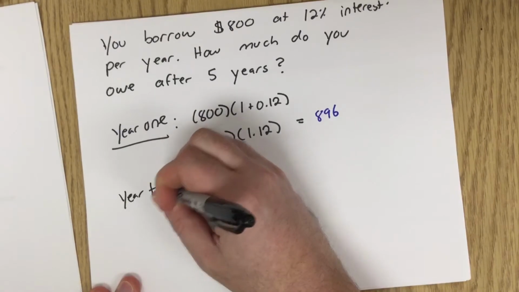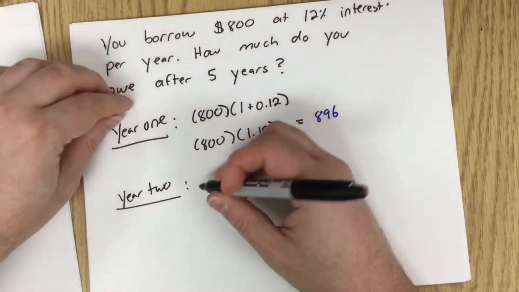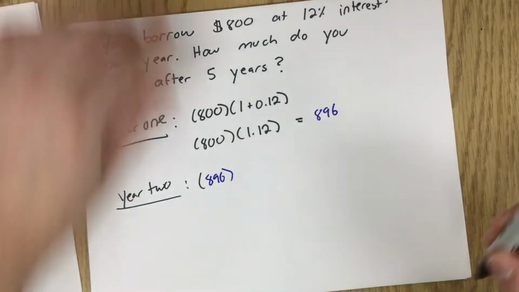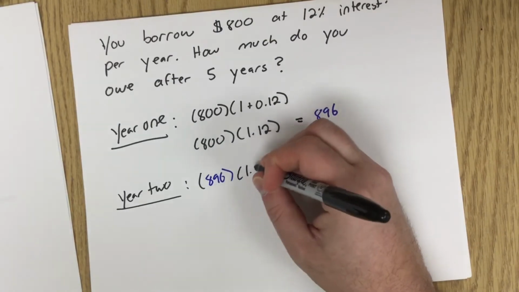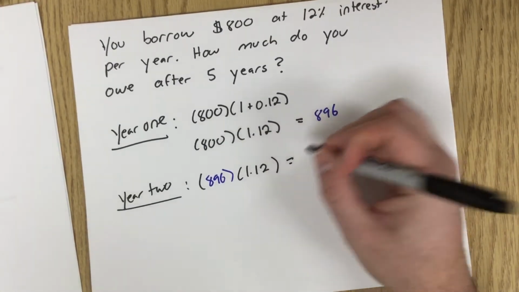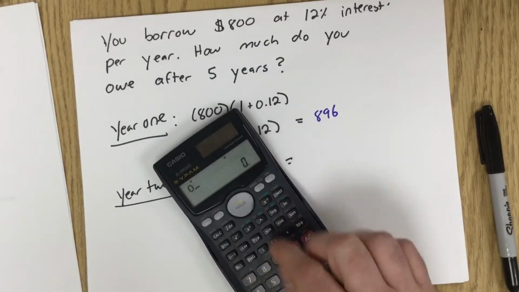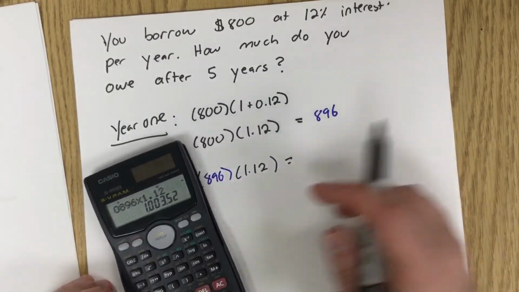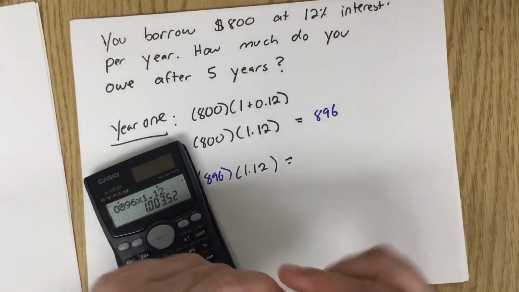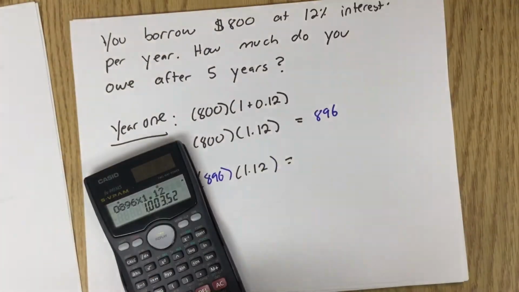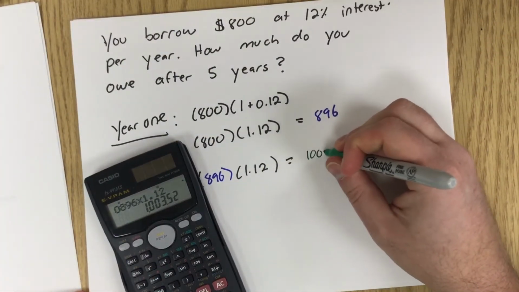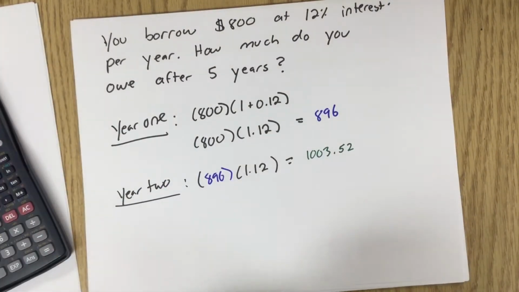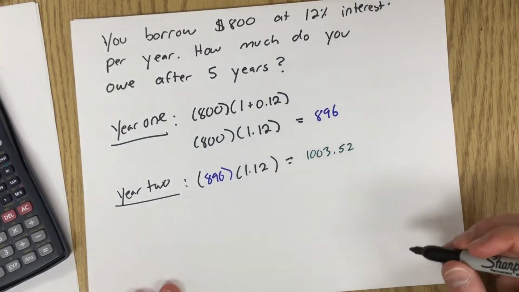So in year 2, it would be the amount at the end of year 1 times 1.12, which would be 896 times 1.12, which would be $1,003.52.